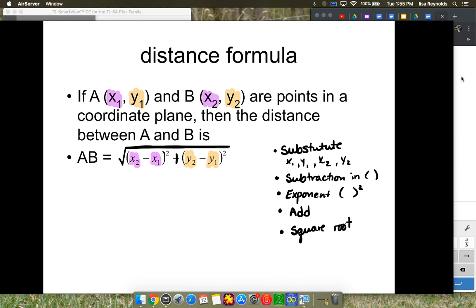Notice this is a plus, and then you're going to do (y minus y) squared in the second parentheses. Be careful. You may also need to ask questions about how to do this in your calculator.